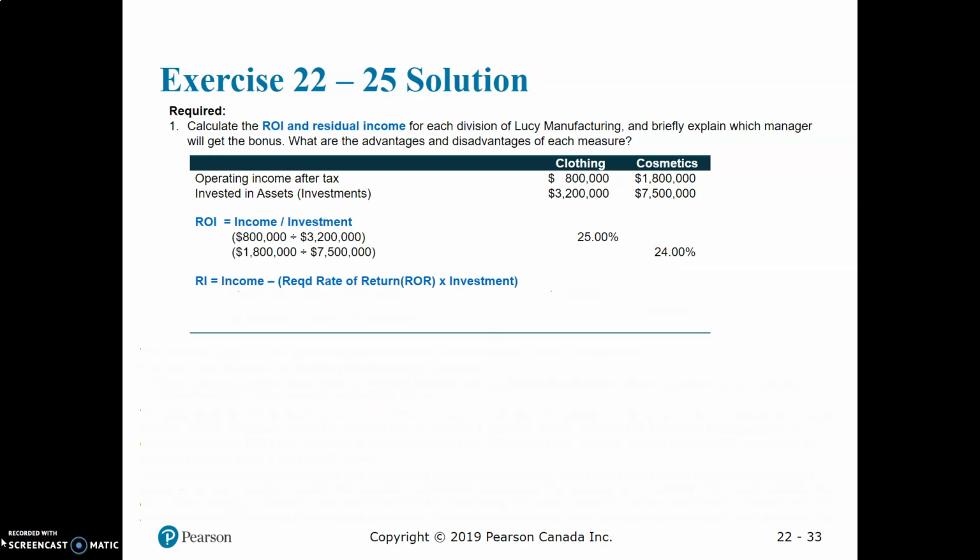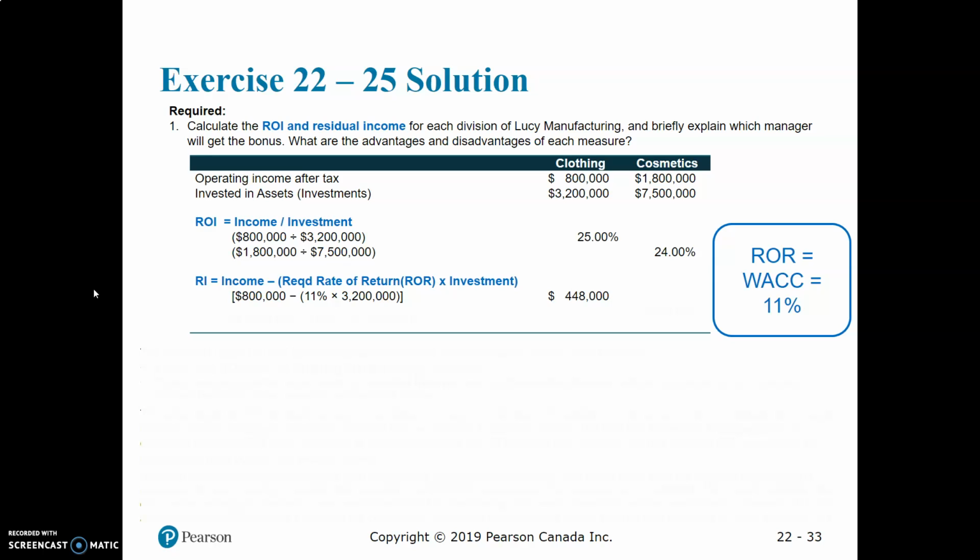Now the next ask for the question is to calculate the residual income. Again, let's look at the formula for residual income, which is equal to income minus required rate of return, in short ROR, times investment. Required rate of return is the same as the weighted average cost of capital, which was given to us at 11% for Lucy Manufacturing.